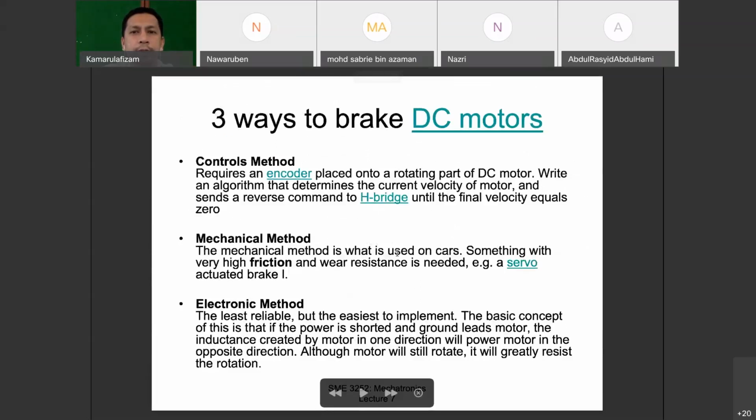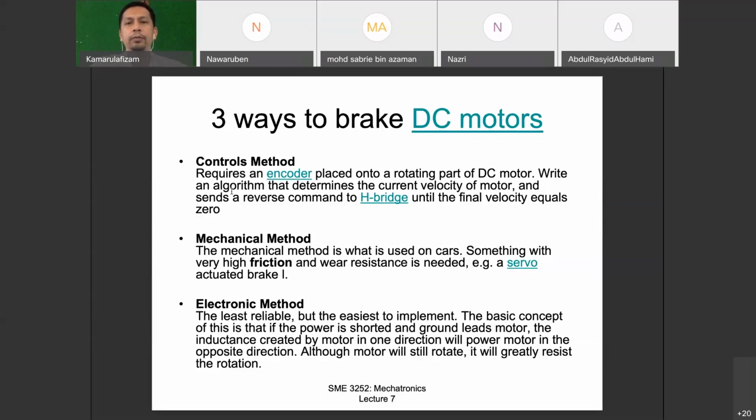Alright, so there are three ways to brake a DC motor. Okay, like you all, those who have a hybrid car, then you normally have experience working with these DC motors and braking methods. Alright. So the first braking method is to reverse the polarity of the supply.